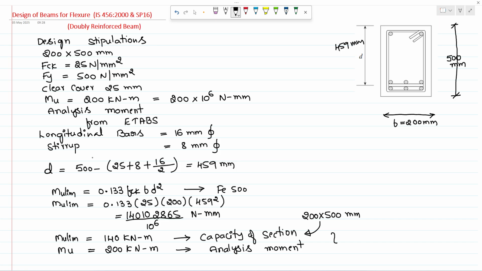So if you compare these two values, capacity of the section and your analysis moment, you can conclude that your Mu limit, which is 140 kilonewton meter, is less than your analysis moment of 200 kilonewton meter.